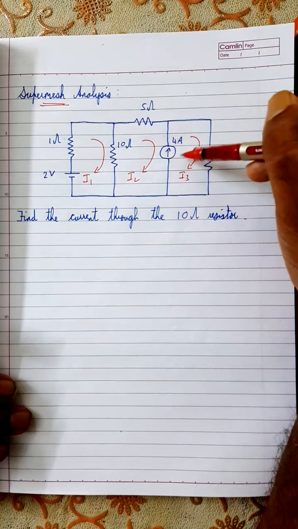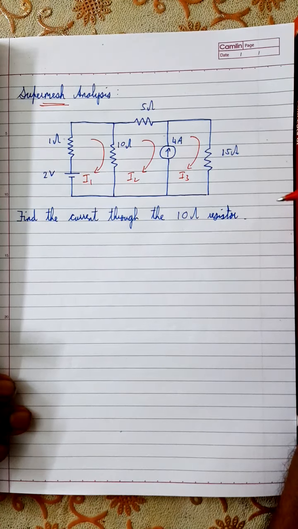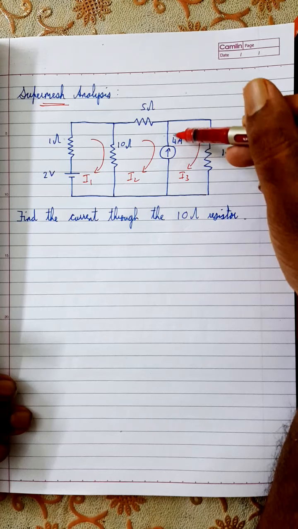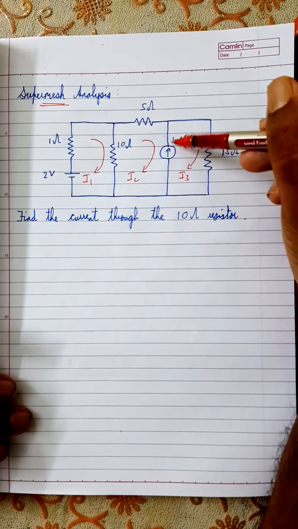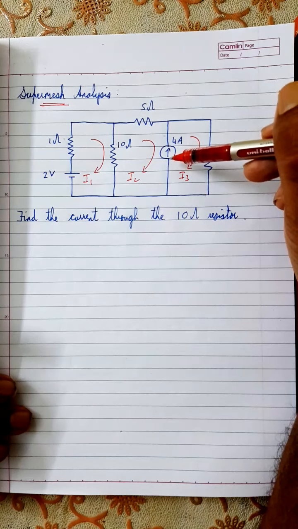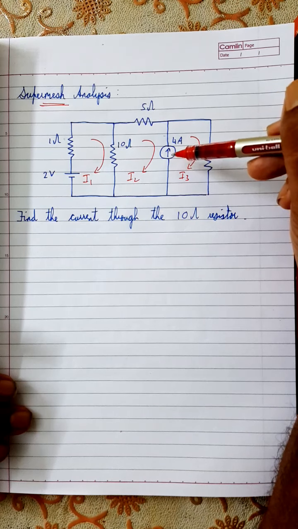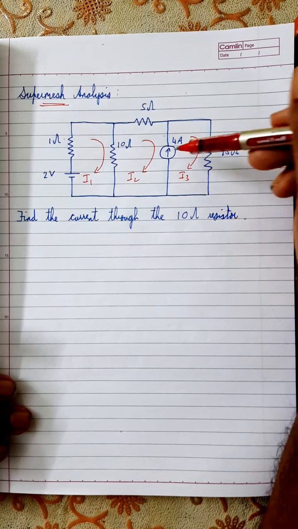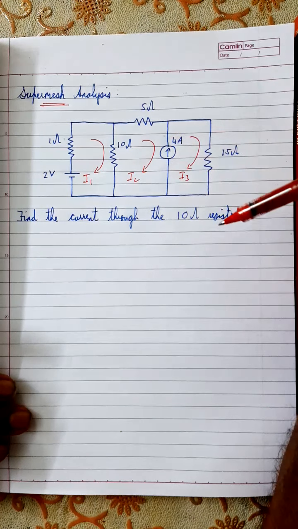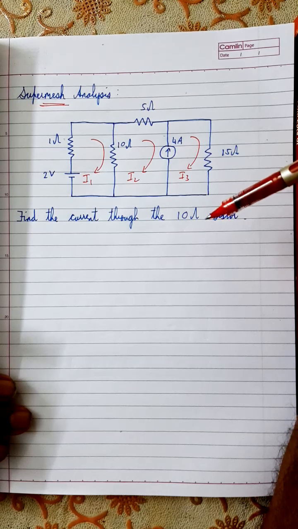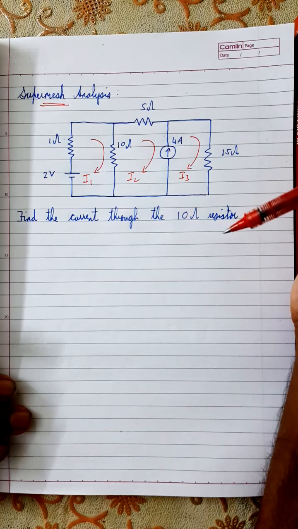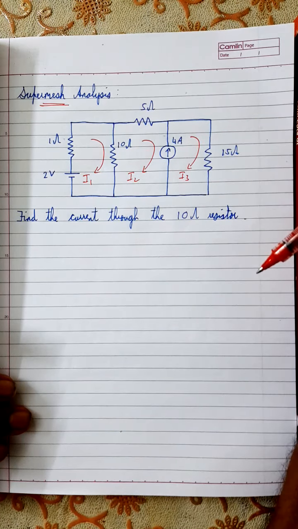You know the current through this current source is 4 ampere. This is going upwards, this is going downwards, which means I3 minus I2 is equal to 4. That you have understood, but you don't know the voltage across this. Since you don't know the voltage across it, you cannot write the KVL of this mesh, and you cannot write KVL of this mesh.